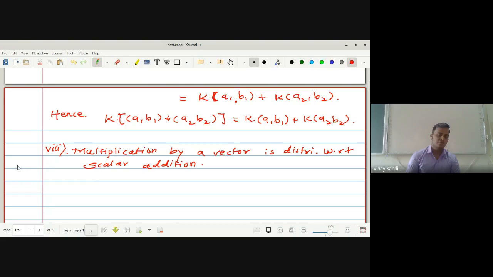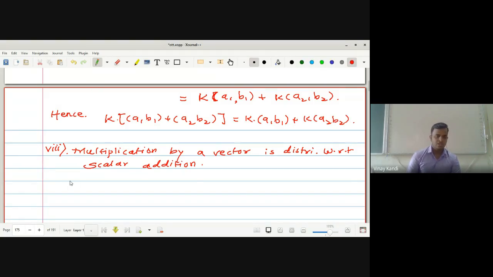Yesterday we saw that, if u is the vector and a and b are the two scalars, then we have a into u plus b into u. Multiply here: a plus b, these are the two scalars, into the vector u, so a into u plus b into u. Now here we have to prove that multiplication by a vector is distributive with respect to scalar addition.